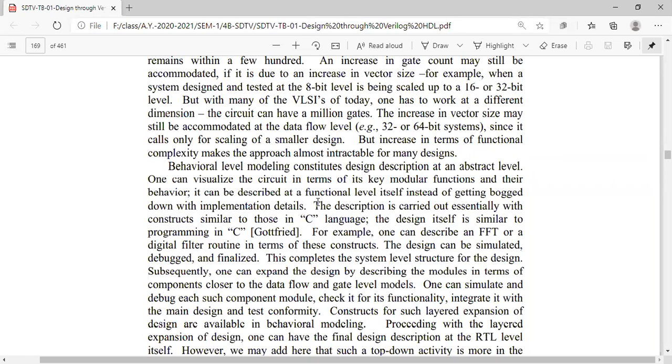We just assigned some values, like i is equal to 0, c is equal to i plus plus. We have used this type of statements in the C language. In a similar fashion, Verilog coding will be mostly similar to our C language.